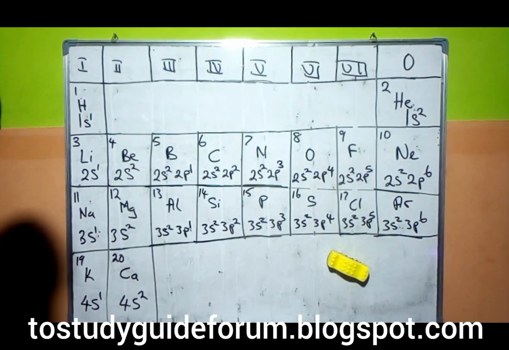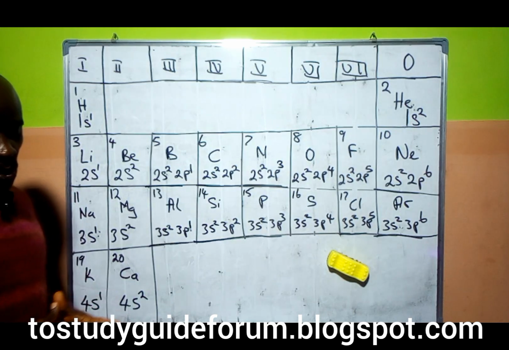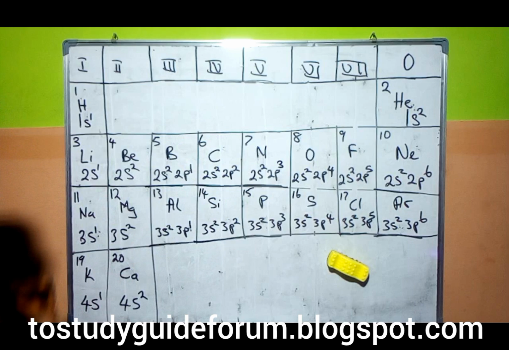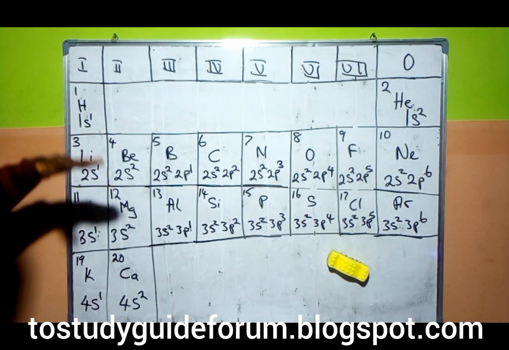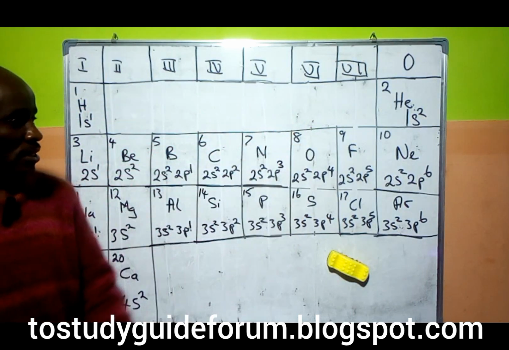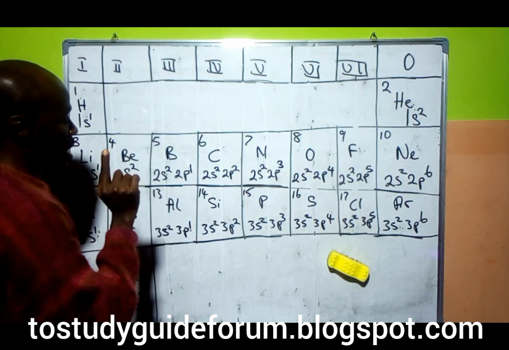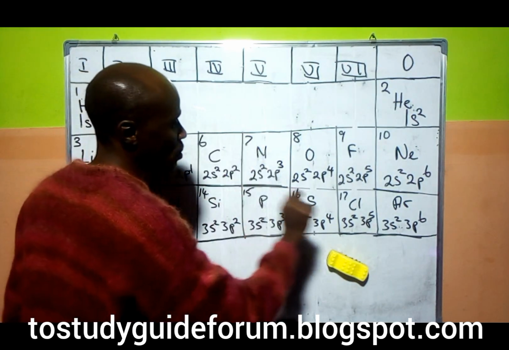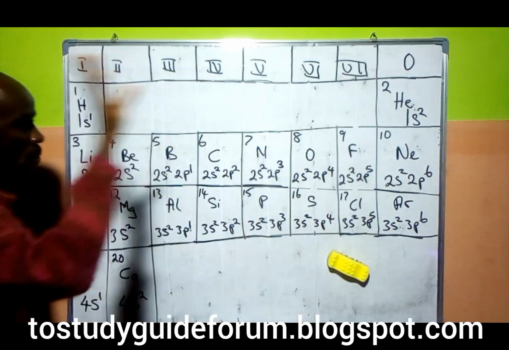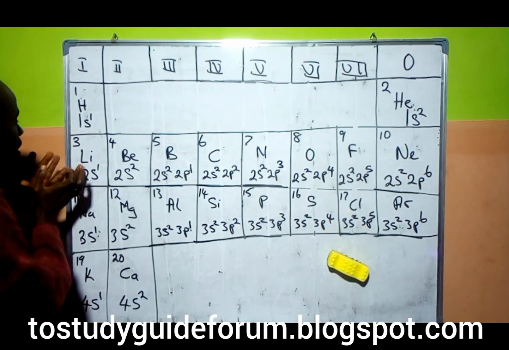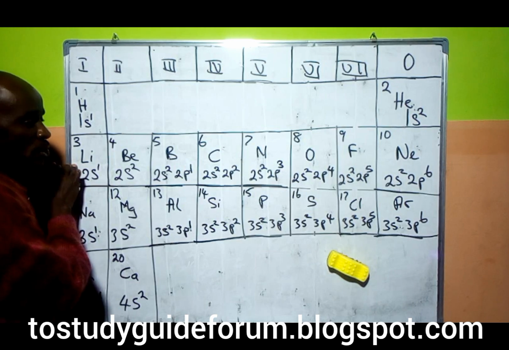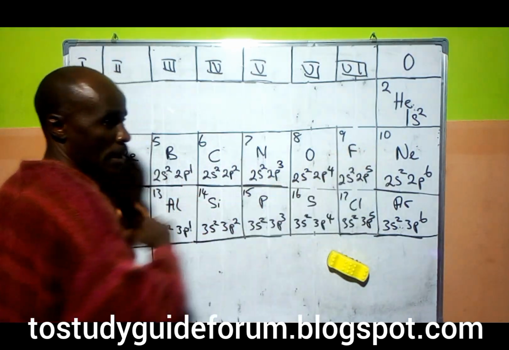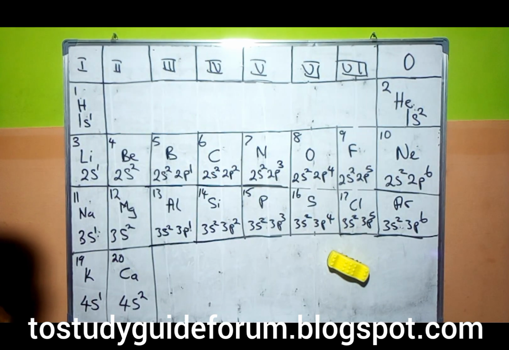Now, when we move to the periods, you find that there is a continuous variation in properties. As the atomic number increases, there are always changes in their chemical and physical properties. Let's start from period three, the horizontal row.